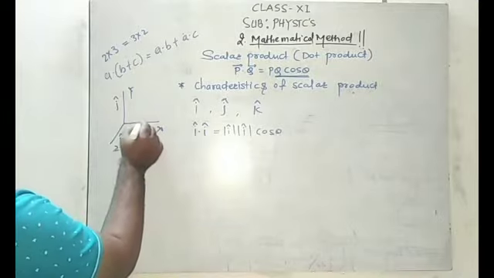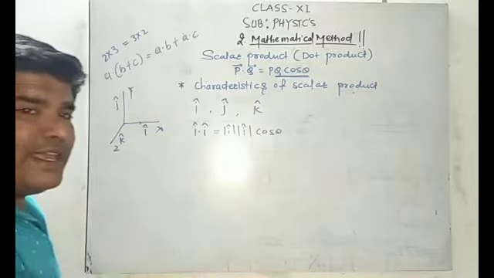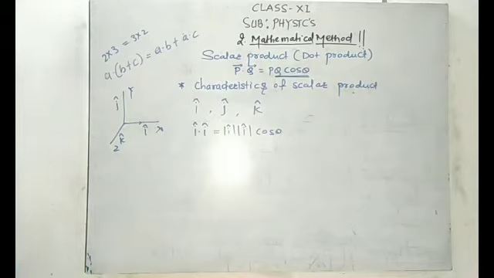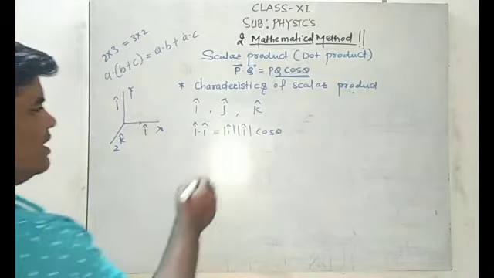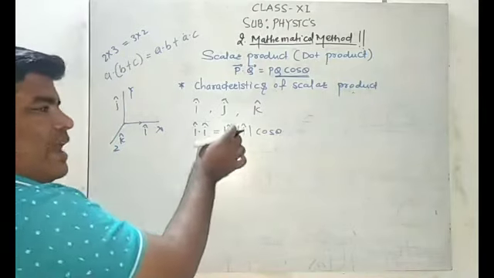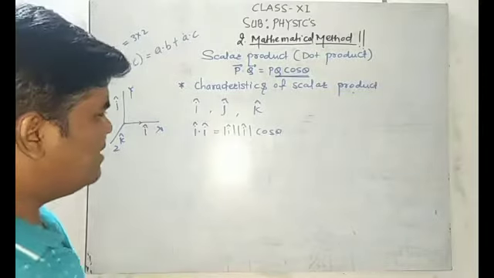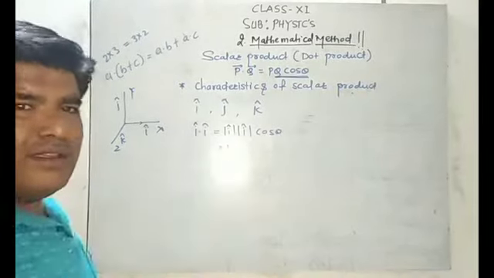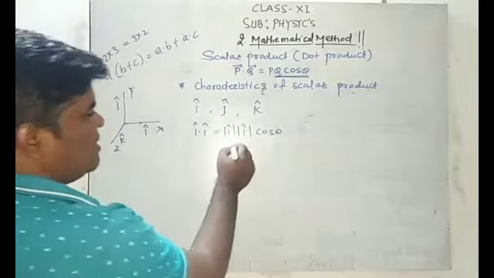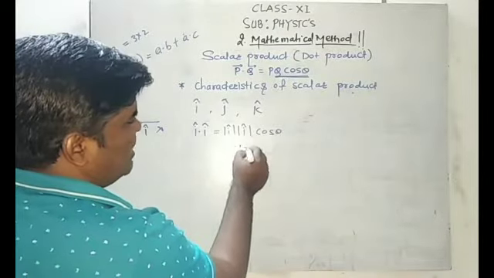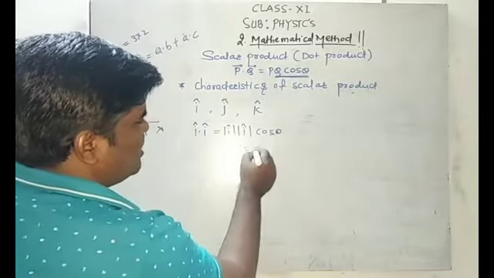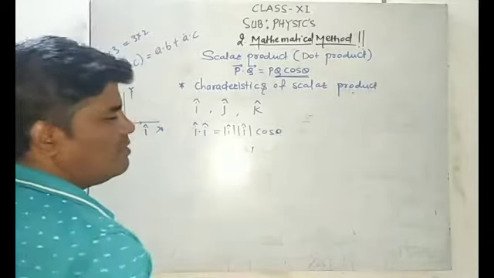And what is the angle between i cap and i cap? 0. The magnitude of i cap is what? It is a unit vector, and therefore its magnitude is 1. Unit means 1. Similarly, this is also 1, and multiplied by cos of 0, which is 1, we get 1.